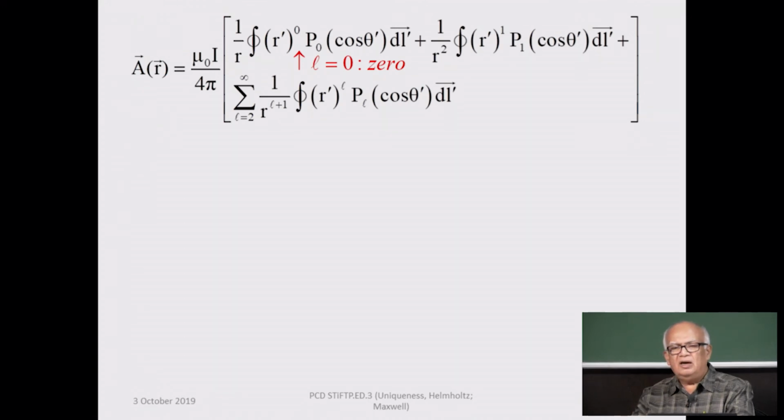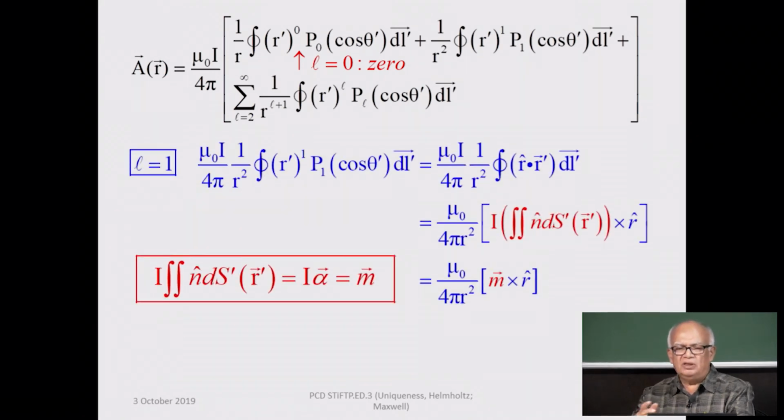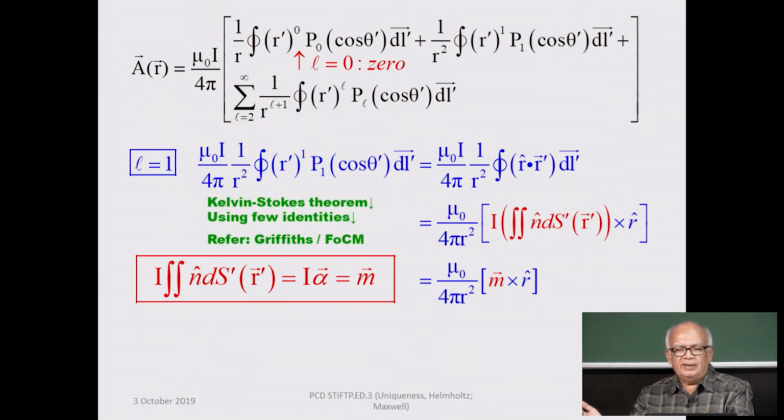Then you have got a monopole term, a dipole term, and so on. So, you can write these terms for different powers of L as a multipole expansion, all right. So, the term for L equal to 0 vanishes. So, there is no monopole term, and then you have got a dipole term. You can write it using some vector calculus, which is not very difficult.